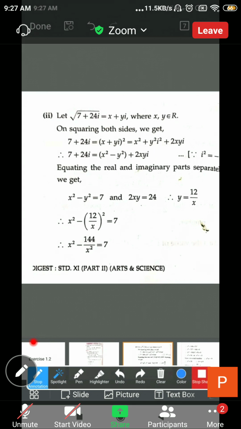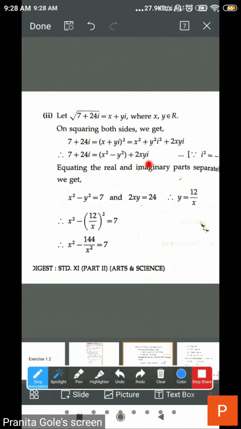Okay. Now see here, on squaring both sides, you are going to get 7 plus 24i is nothing but x plus yi whole square. By expanding in a similar way, x square plus 2xyi plus i square y square. Now the value of i square is minus 1, so it comes as x square minus y square plus 2xyi.